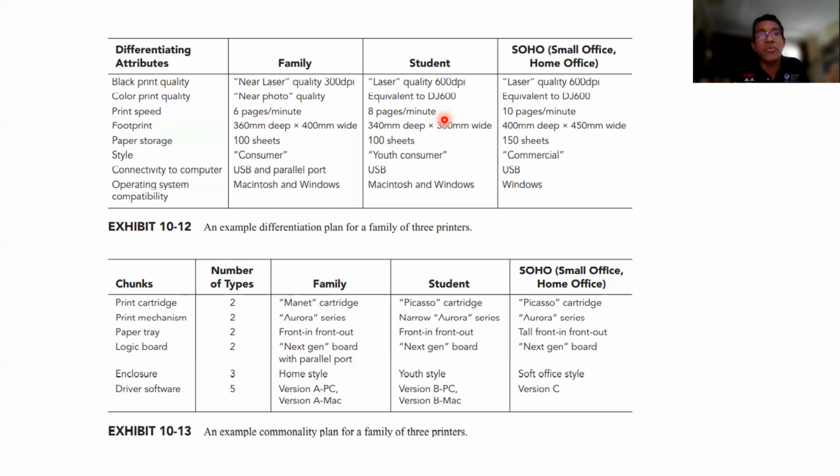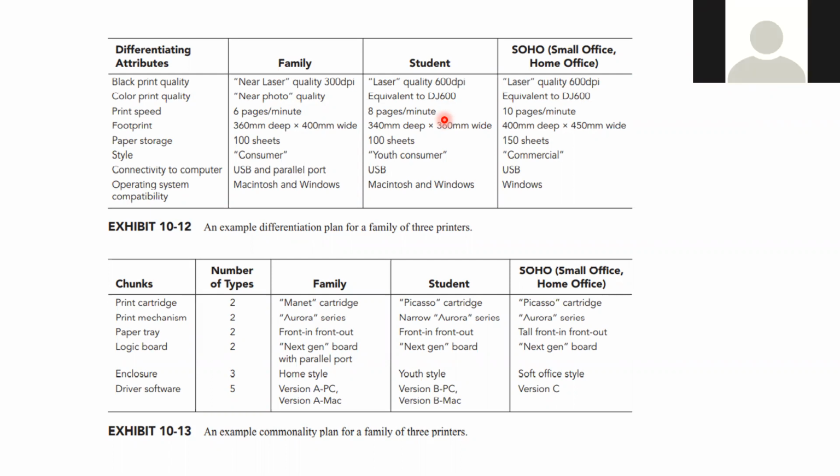So they will produce different types of printers with different costs. That's why different target markets also need different things to cater for. So segmentation can influence the production orders and the production quantity.